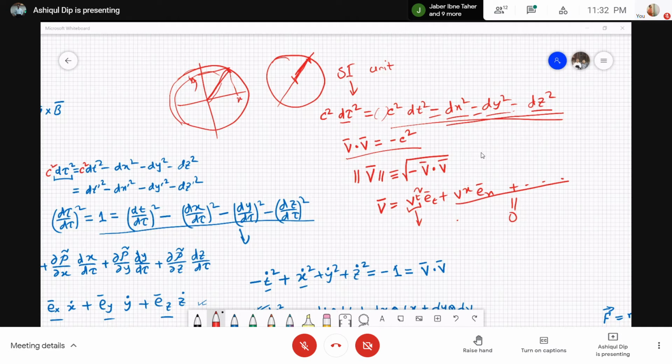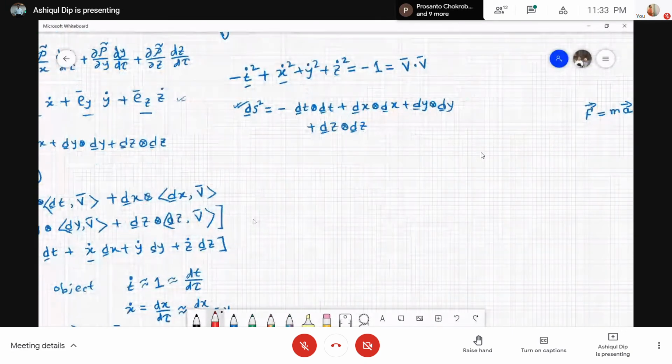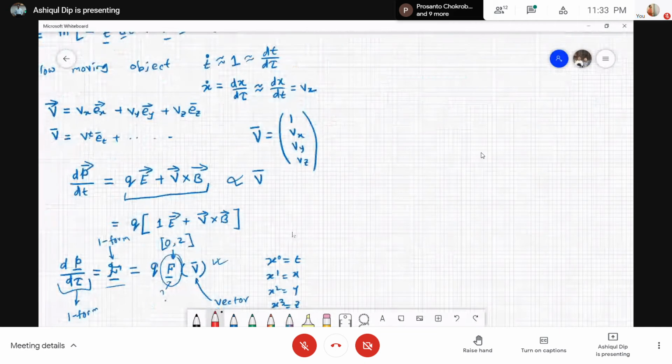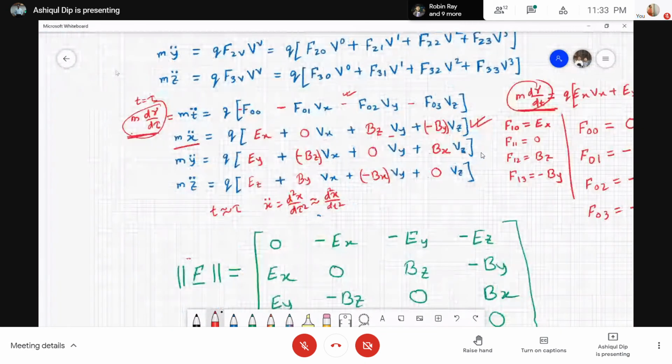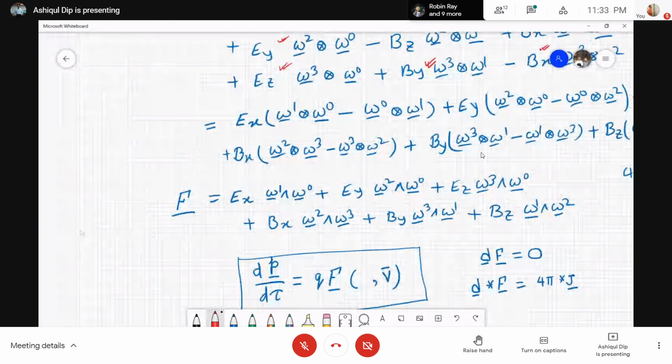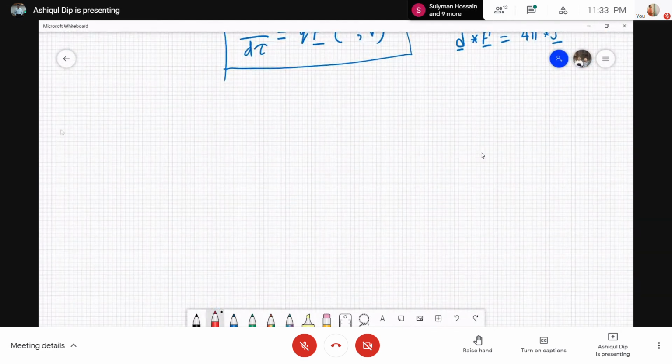Okay, I think our break is over, right? So we can start. So far we tried to develop some intuition about one-forms and vectors. Both one-forms and vectors are objects that have one kind of directionality in them.